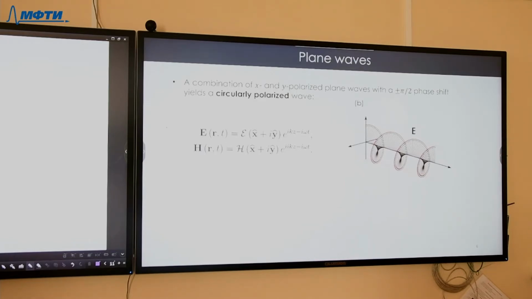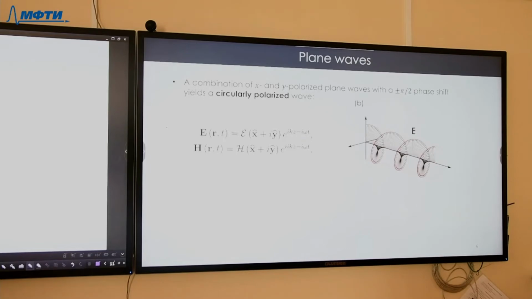If you travel together with your wave, and if you always look along the direction of propagation of this wave, you're going to see that the fields rotate either clockwise or counterclockwise. And this is sort of an invariance of the wave if you don't do anything to the wave itself. And this will allow us to introduce the concept of handedness, either right-handedness or left-handedness.